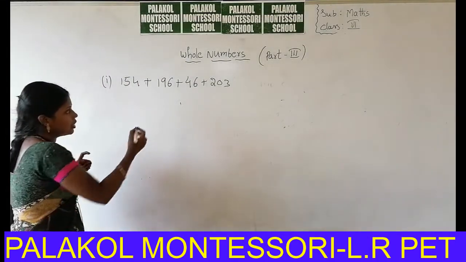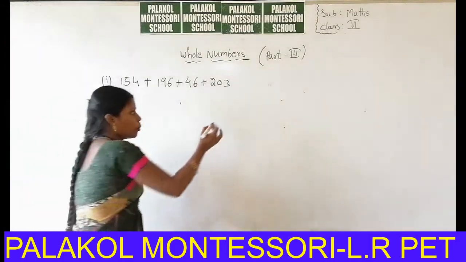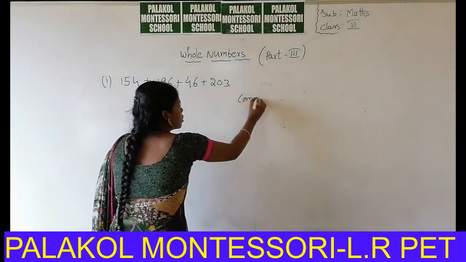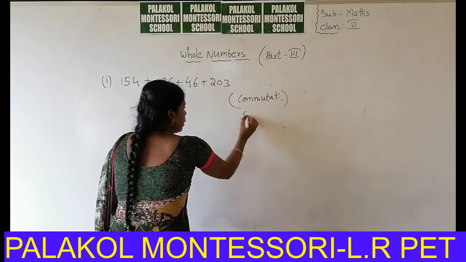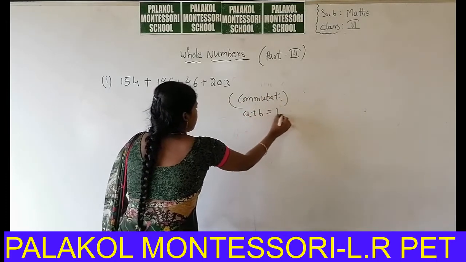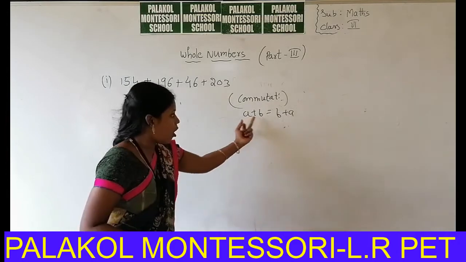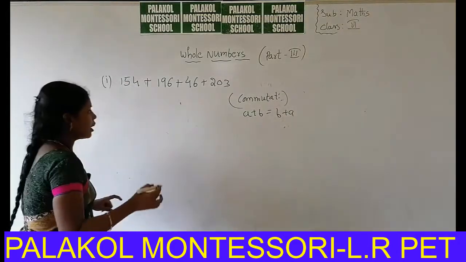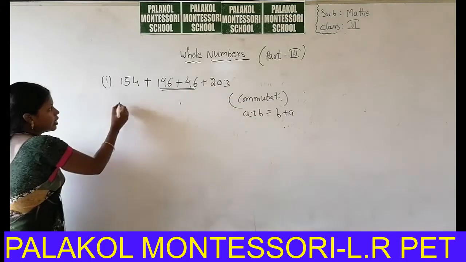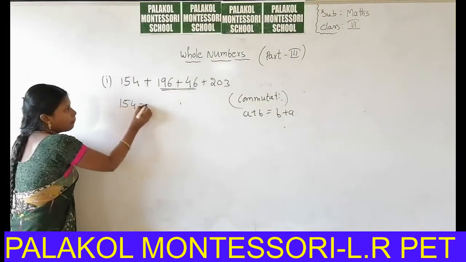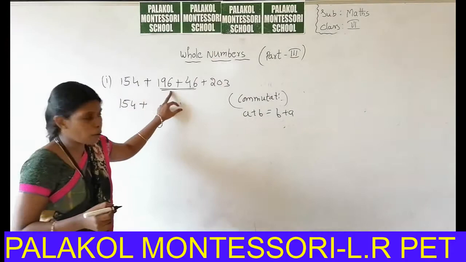In this case, I can use commutative property. What is commutative property? A plus B becomes B plus A. So the order can be changed. I can use the commutative property on these two numbers. What property is used?